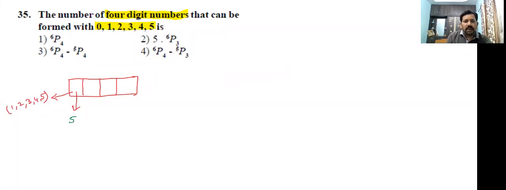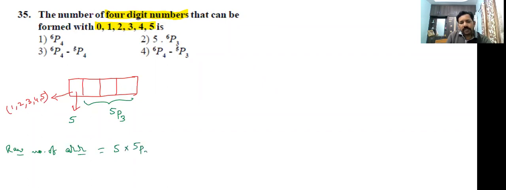So out of 5 digits, take any 3 and arrange them. Out of 5, 3 digits can be filled, that is 5p3 ways. The required number of arrangements is equal to 5 into 5p3.